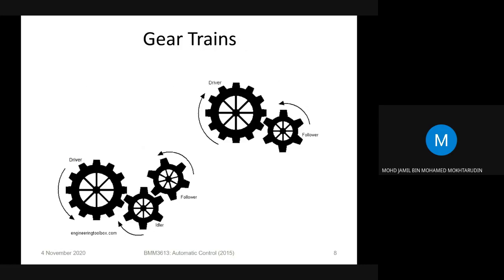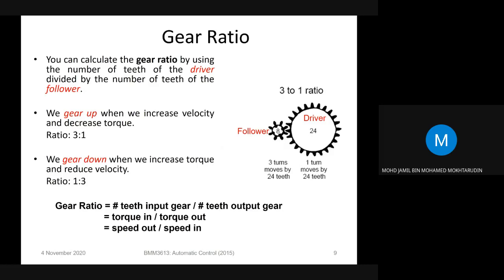Okay, so this is gear train that I explained just now. You can calculate the gear ratio by using the number of teeth of the driver divided by the number of teeth of the follower.